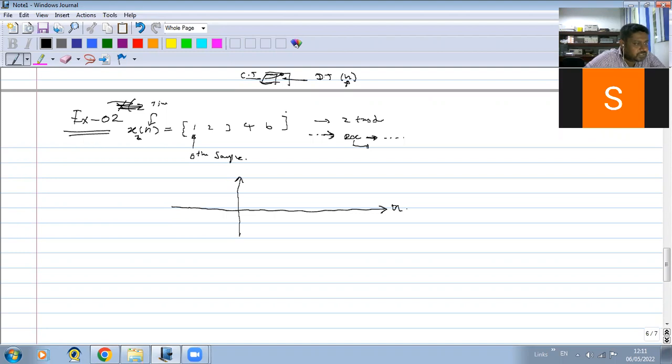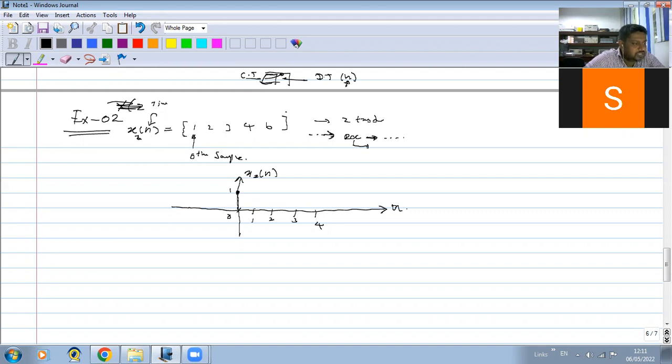We have the zeroth sample, and then one, two, three, four. These 5 samples we have, including zero. The zeroth sample is 1, and the second sample is 2. That is what we call the first.